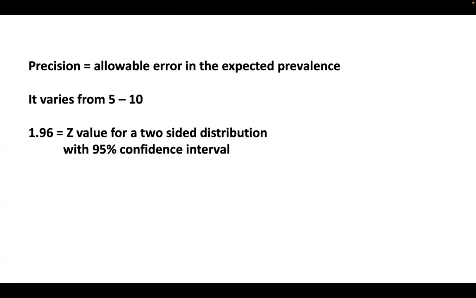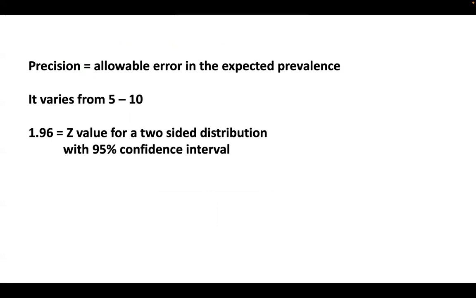That's new information. So we can take 5 to 10% of that prevalence. More than 10% is not advisable. In absolute precision also, if we go more than 10, journals will not accept that. That will reduce the power of the study.